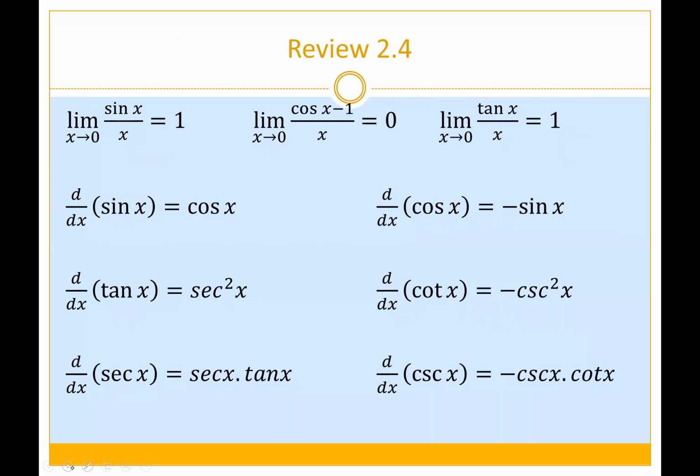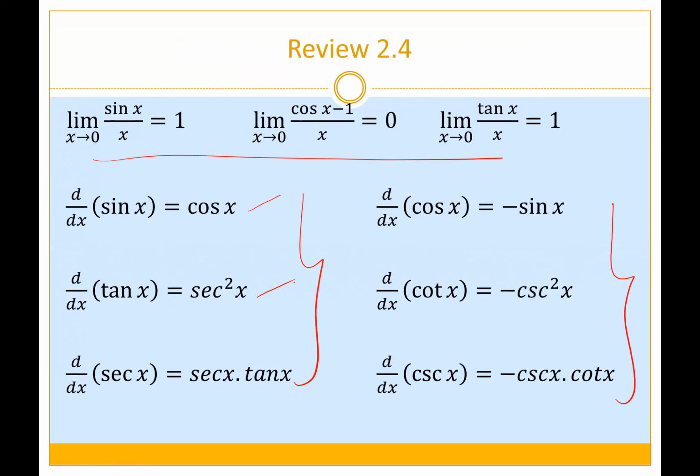So in 2.4, we learn about derivatives of trigonometric functions. And so things that we have to remember are these limits and the derivatives of these functions. I would say in 140 and 141, in 140 mostly, what you're going to use is this formula: sine, cosine, tangent, cotangent, secant, cosecant.